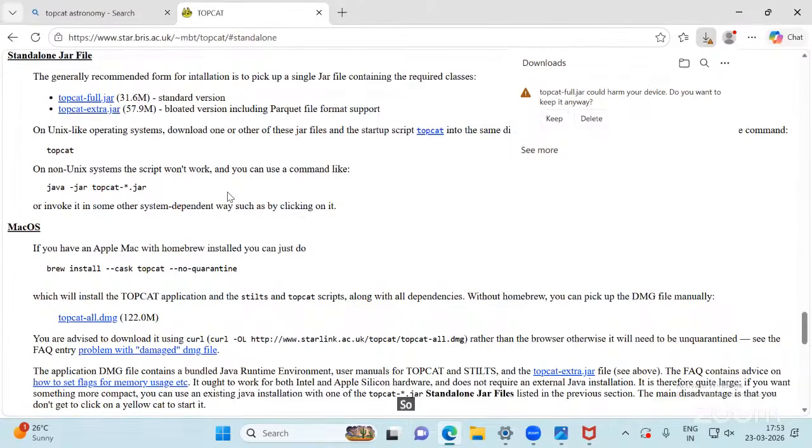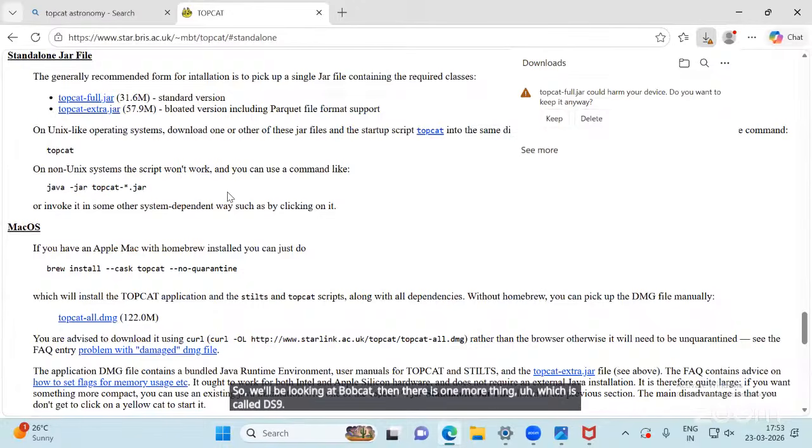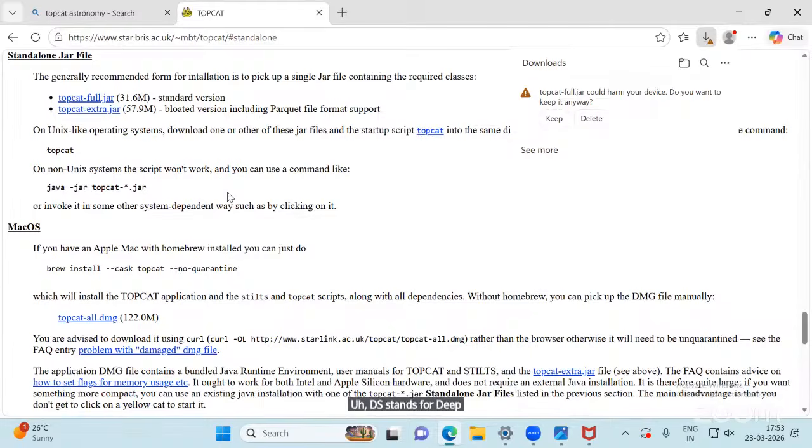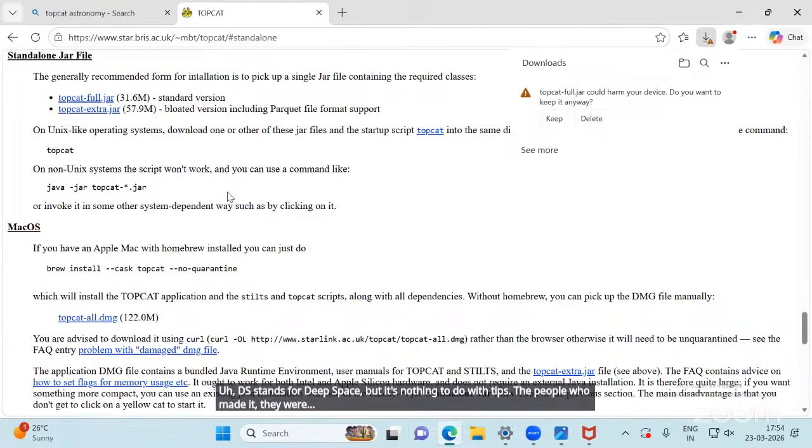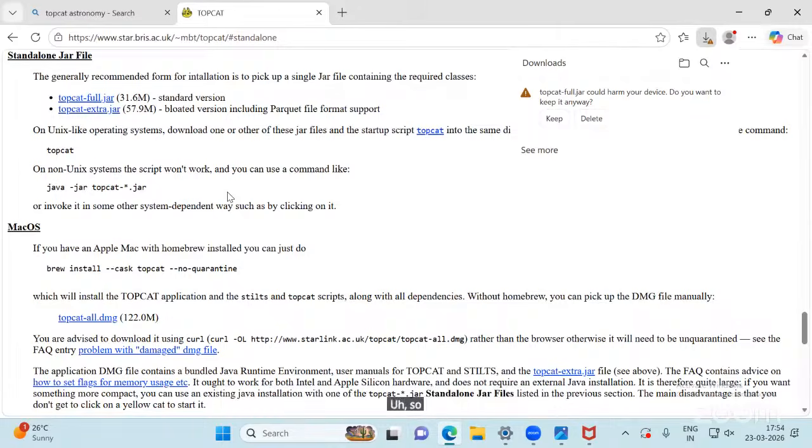So we'll be looking at TopCat. Then there is one more which is called DS9. DS stands for Deep Space Nine, but it's nothing to do with deep space. The people who made it, I think, were big fans of Star Trek.